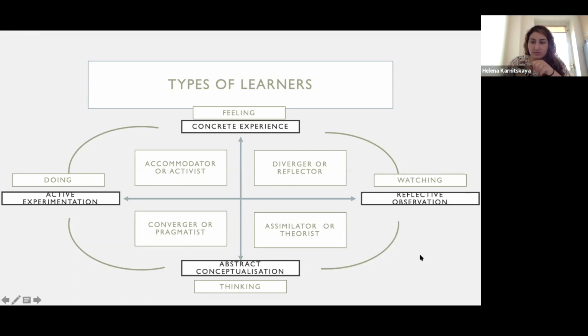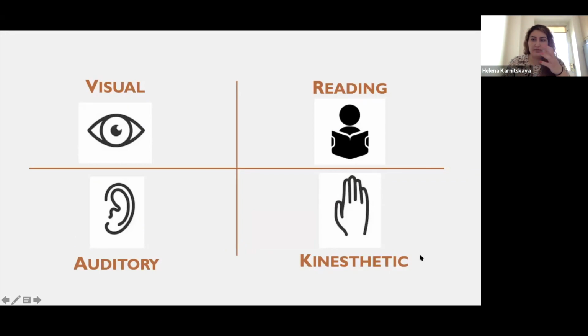Then if we look through another theory, on the same context, we could also relate the VARK theory, the different stimulus that you can give to different people so that they learn in different ways. Some learn better through visual stimuli, so looking at things and interacting in that way.